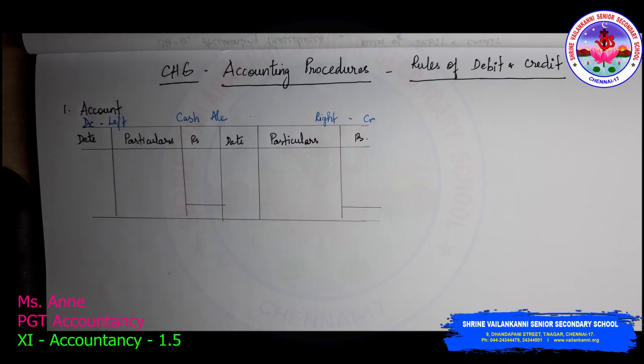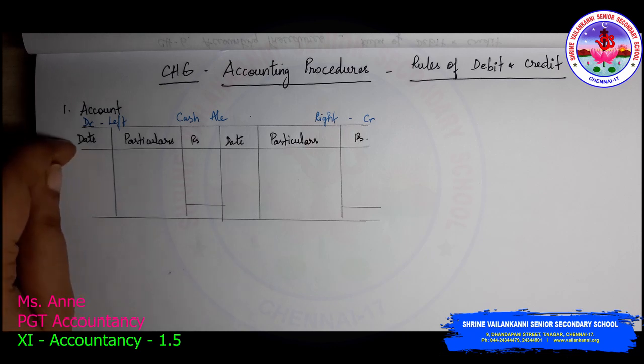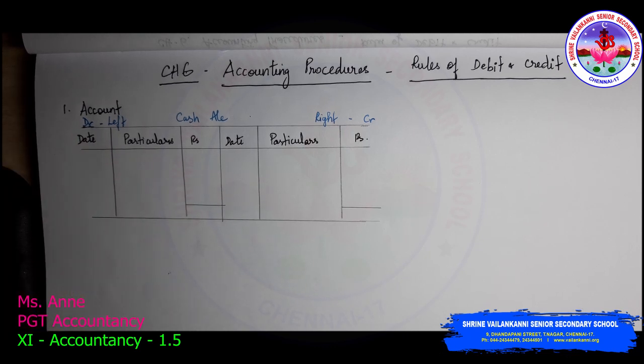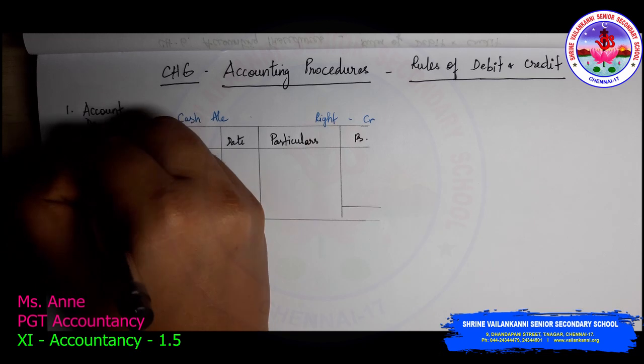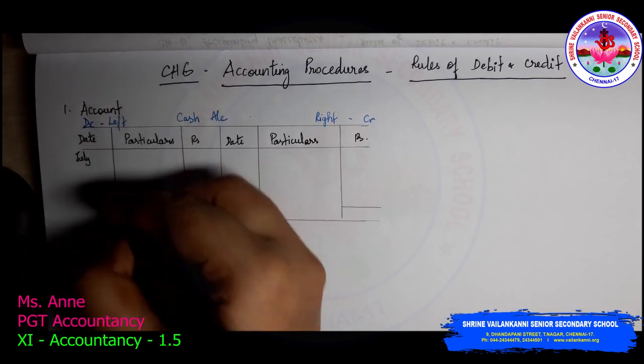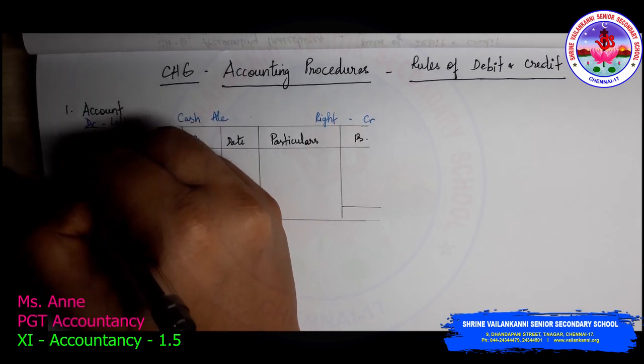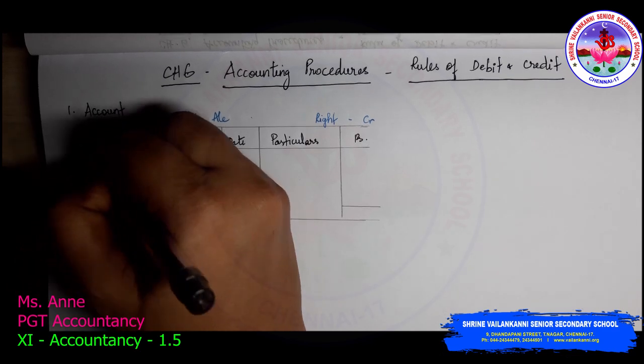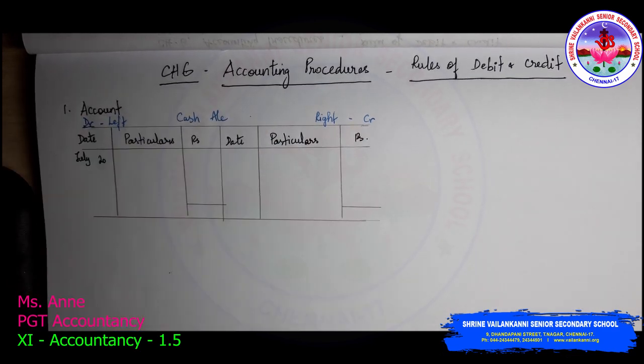So now what is date? We are going to record it in a chronological way. That is chronological means first entry will be first. Suppose for example you have July, today's date may be 20. Okay, so July 20 you are having a transaction.